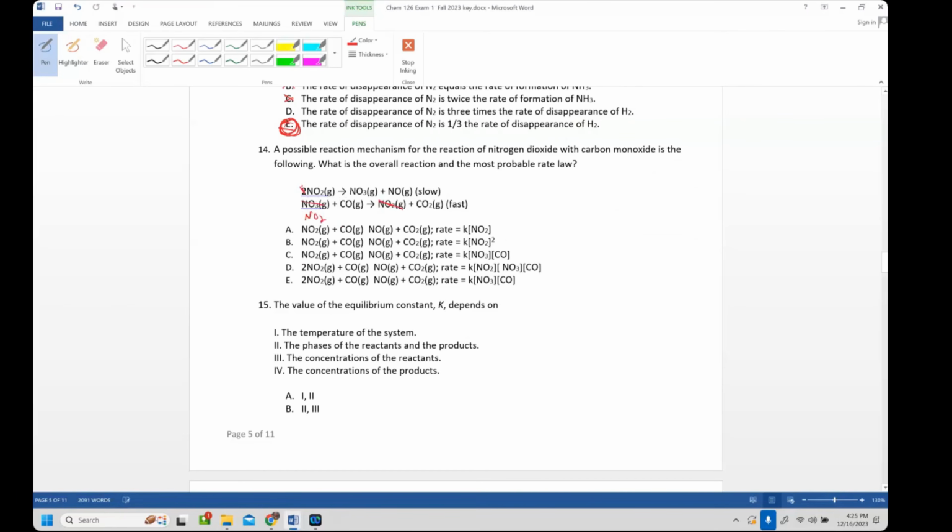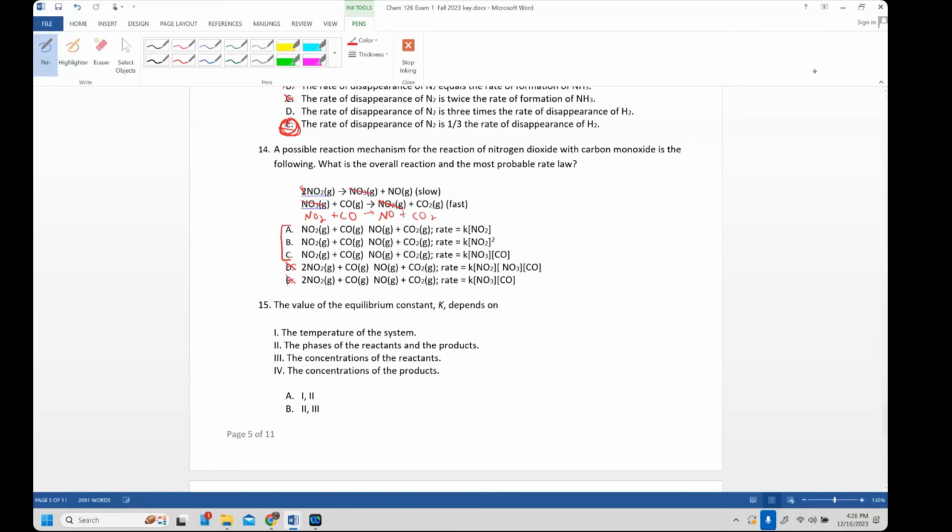That would cancel out with NO3 on the right in equation 1. So that doesn't exist there. Then we have CO. There's no CO on the right. Then we have yields. Then we have NO. There's no NO on the left. And then plus CO2. So this is what the reaction would be. And that is choices A, B, and C. So we're between A, B, and C.